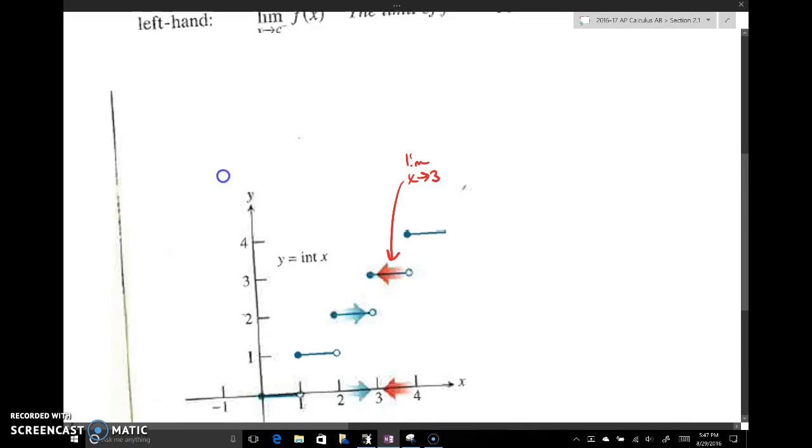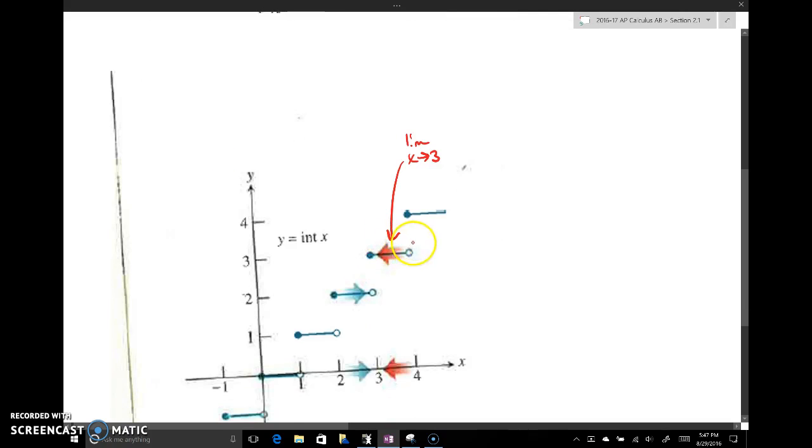We're approaching it from the right, or from the side that's larger. So we put a plus sign there. That's not +3. Notice the plus sign is on the other side of the 3. So this means 3 from the right of our function f of x. And here it's equal to the value 3. You can see that right there.